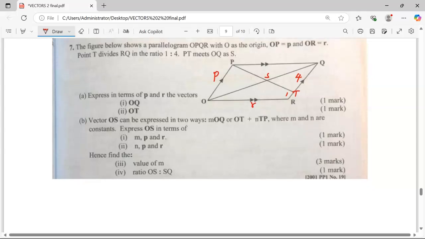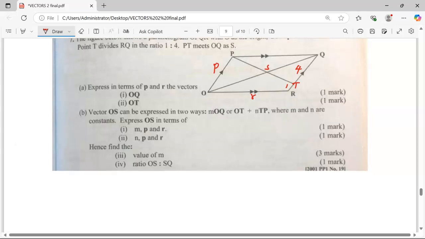Part A of the question: express in terms of P and R the vector OQ. For us to move from O to Q, we must use the route OP plus the route PQ.